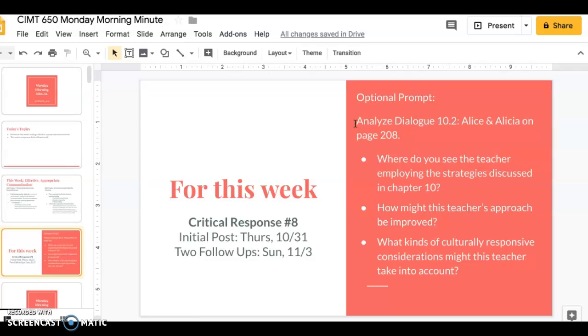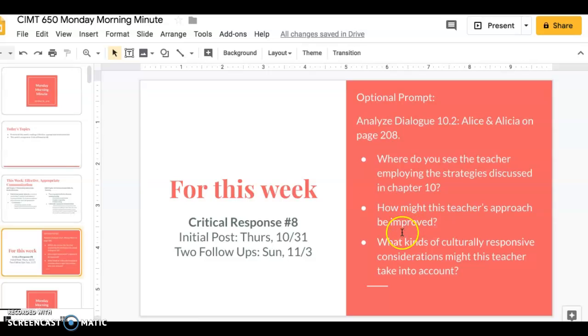After reading this dialogue carefully, line by line, maybe making some annotations, I want to know where you see the teacher employing some of the strategies that are discussed in chapter 10. Also, how might this teacher's approach be improved? I think it's intended as a positive model, and in many ways it is, but we can also think critically and figure out ways to make it even better.